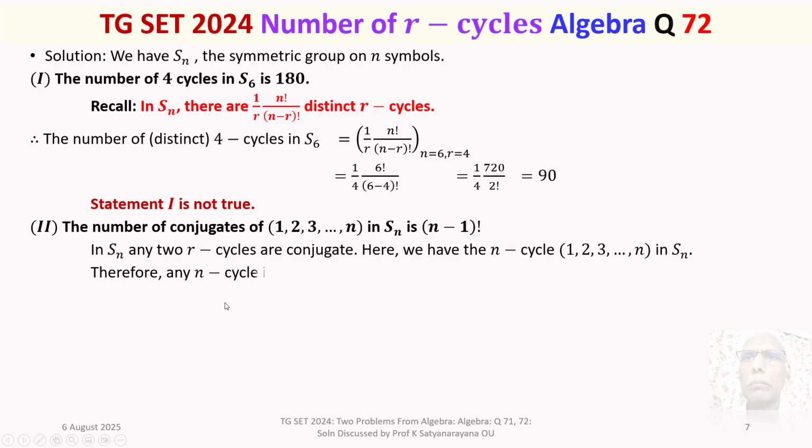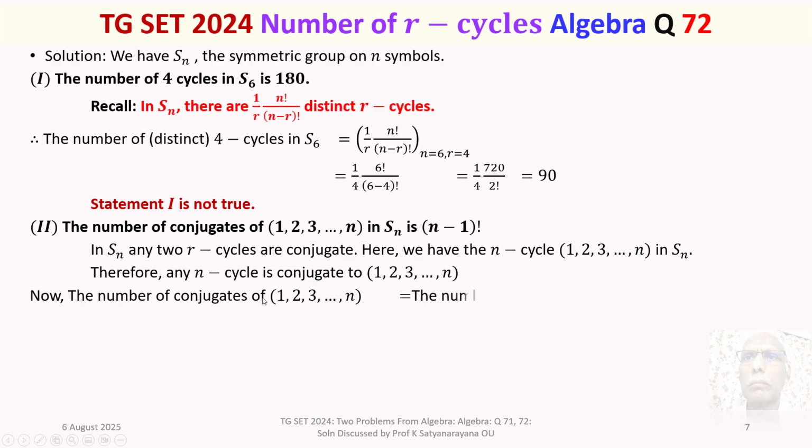Therefore, any n cycle is conjugate to this n cycle. Now, the number of conjugates of the n cycle is the number of distinct n cycles in Sn.